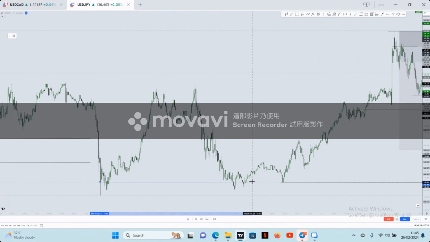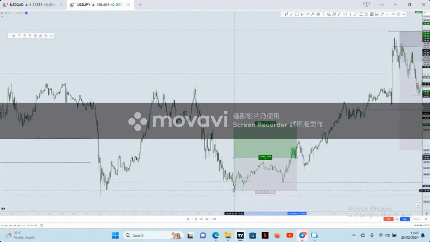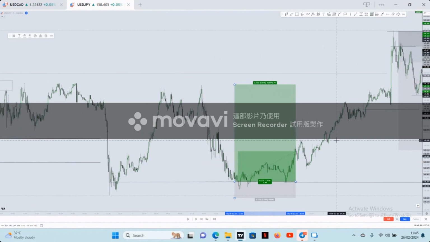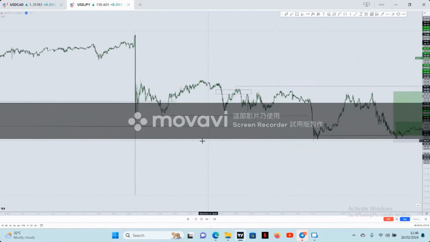Took longer, and this will be our entry points. So big stop loss, that's too much. It's okay though. And then we target this point first. That's the 1 to 5. I guess that was it. Yes, that should be it.